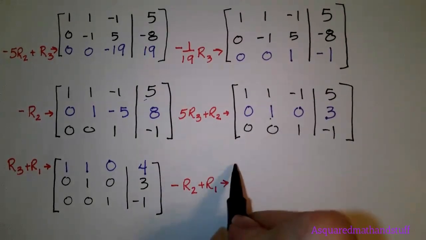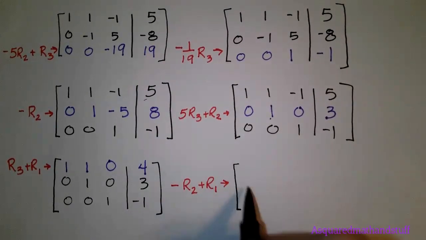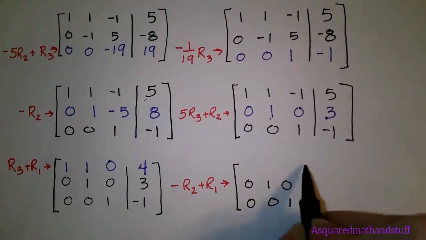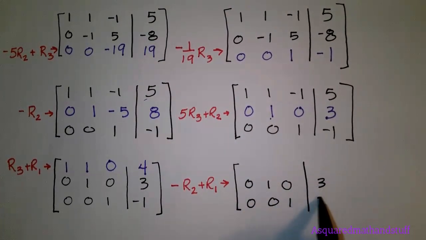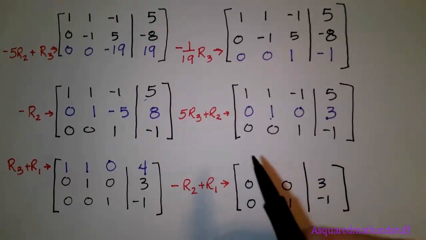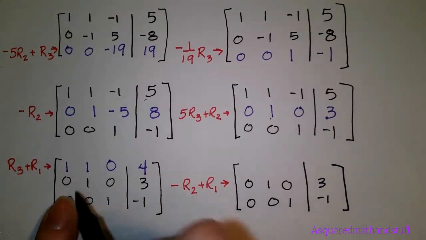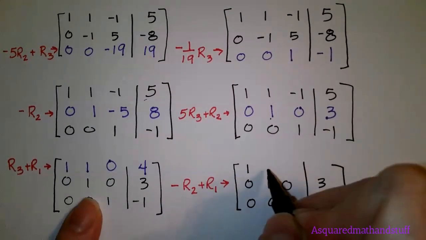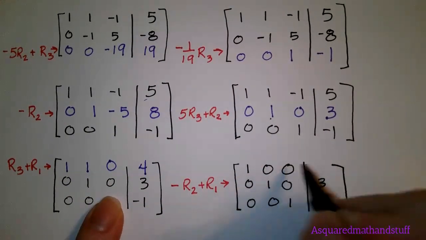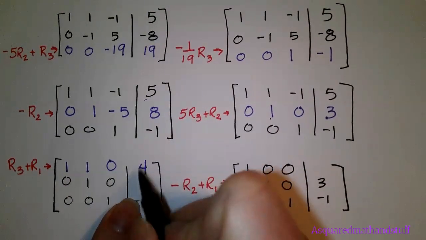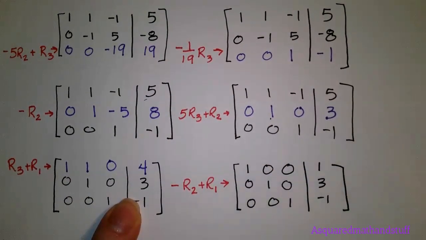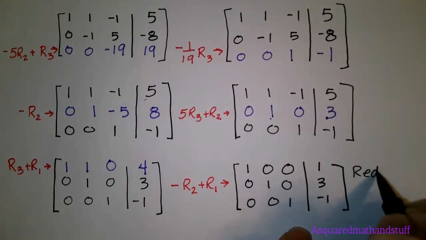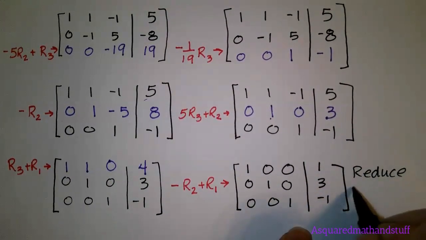Rewrite row 2 and 3 because we are not changing those. Now, negative row 2 plus row 1 gives us a 1, 0, 0. -3 plus 4 gives us a +1. We are now in reduced row echelon form.